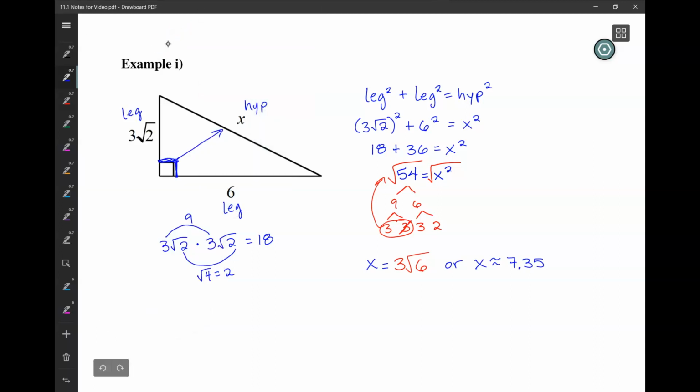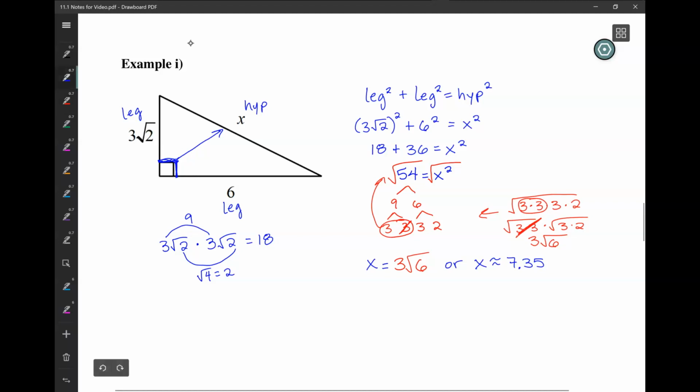Again, if you got a little lost, I was saying this is equal to the square root of 3 times 3 times 3 times 2, which is the same as taking a pair, square root of 3 times 3 times the square root of 3 times 2. The square root of 3 times 3 just means, what do you multiply by itself to get 3 times 3? Well, 3. And here there are no pairs, so I just multiply those back together to get 6.